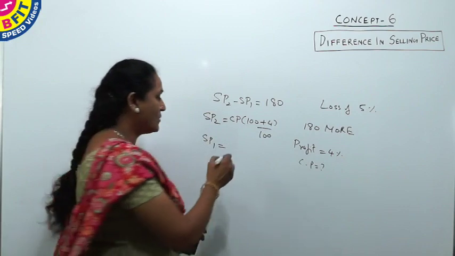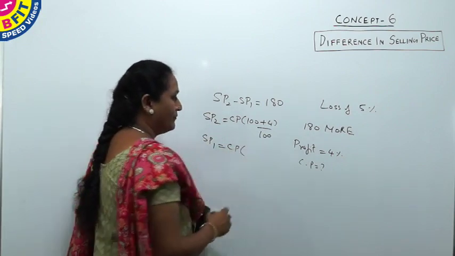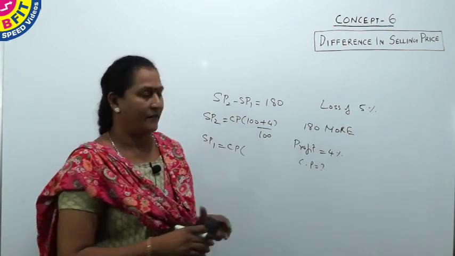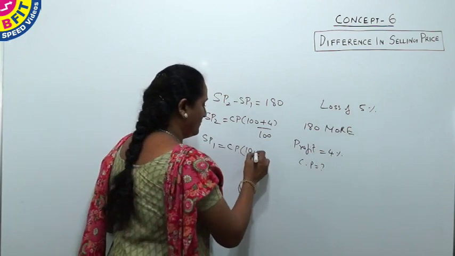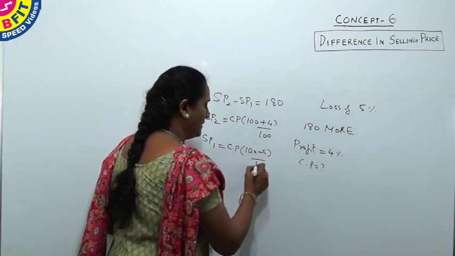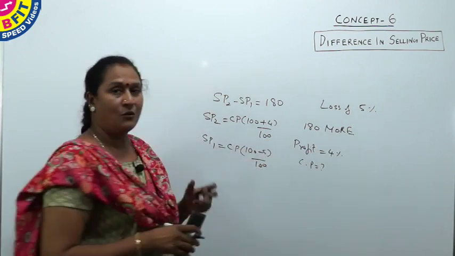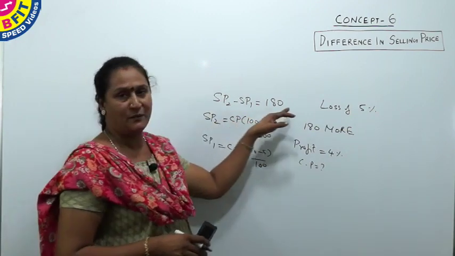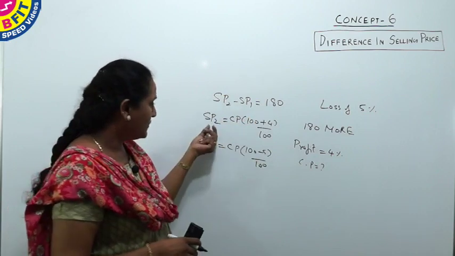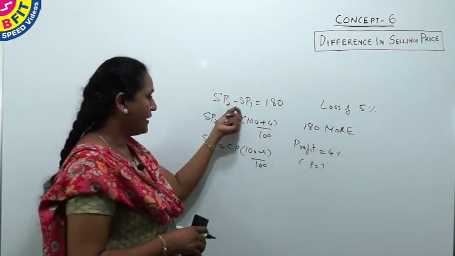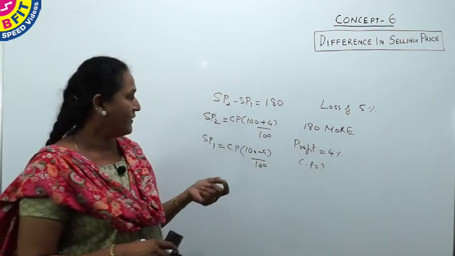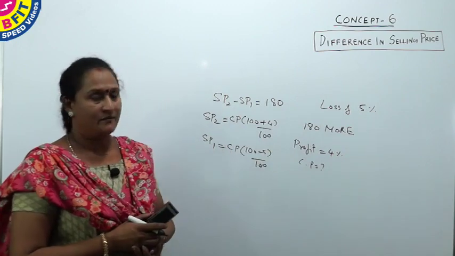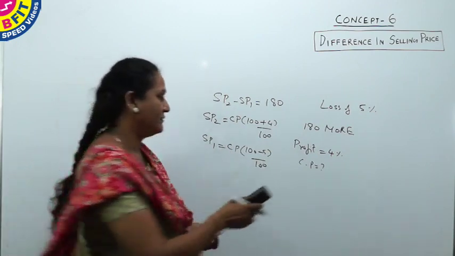It is cost price into (100 minus 5) by 100. And the only clue we have got from the data is that the difference in selling price is 180. Now substituting for SP2 and SP1 and simplifying, we get the cost price. So here the cost price is asked.